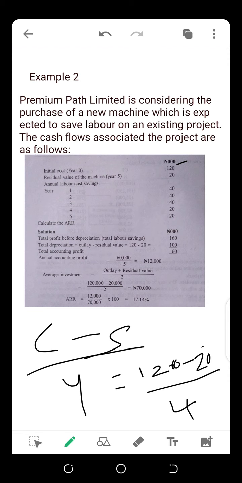If you now want to determine the depreciation for the whole 4 years, it will be 100, which is for 4 years. When you divide it by 4, you have depreciation for each year.